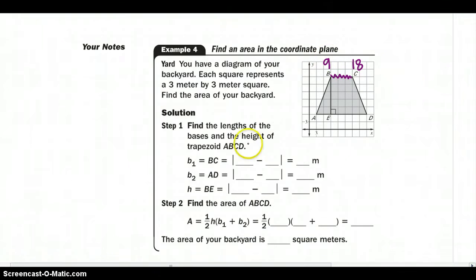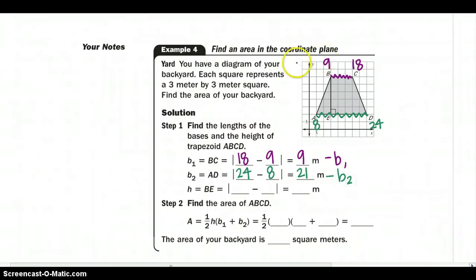I'm moving my x's, so I would say 18 minus 9, and I would get 9 meters for my base 1. Then looking at AD, I have 24 and 8. So I'm just going to subtract those because, again, my x's are the only ones that are moving. So I would get 21 meters as my base 2.